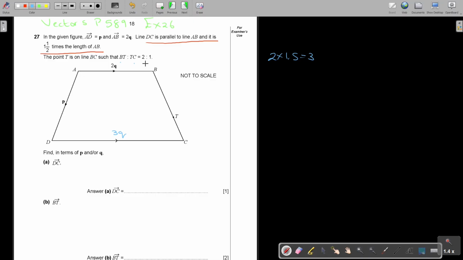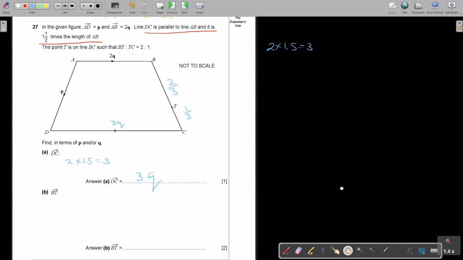So if this is 2 and this is 1, put it over 3 because it's 3 parts. So 2 over 3, and this is 1 over 3. That is the ratio. So find in terms of P and Q, DC. We already found that. That's 3Q, that is 2 times 1.5, which is 3, and that's 3Q.